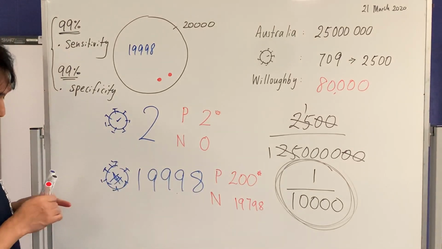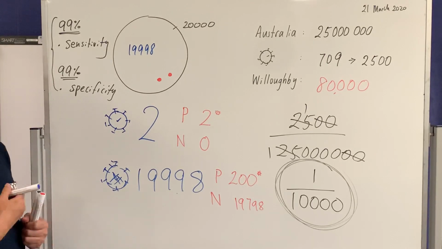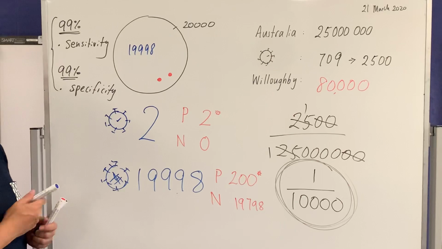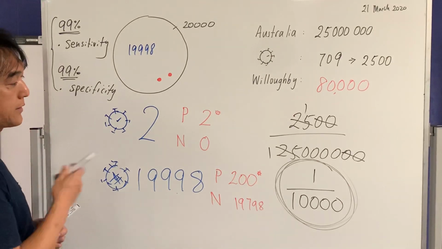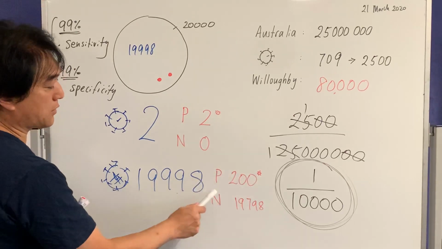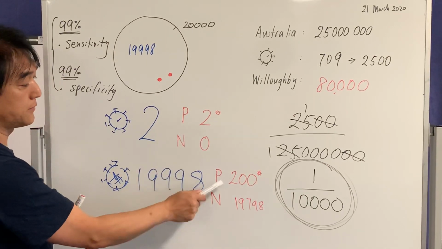Can you see it now? So let's say I live in Willoughby, I get tested and I get the result saying positive, you have coronavirus. The actual chance of me having the coronavirus or actually infected is 2 out of 202. This is false positive, this is true positive.